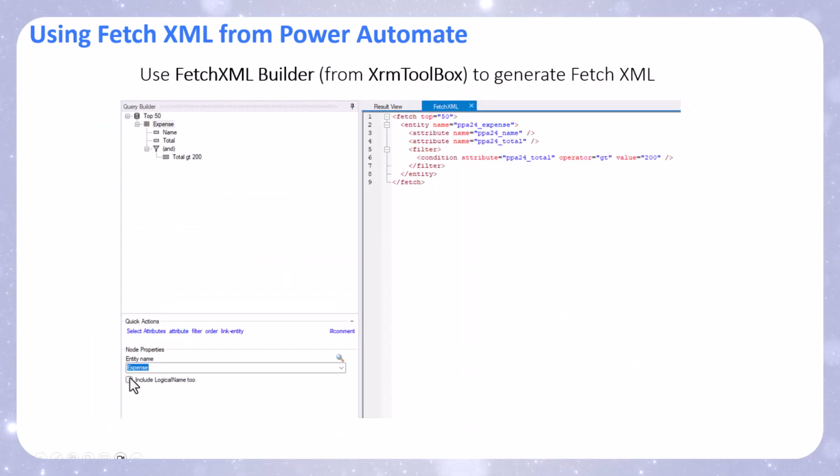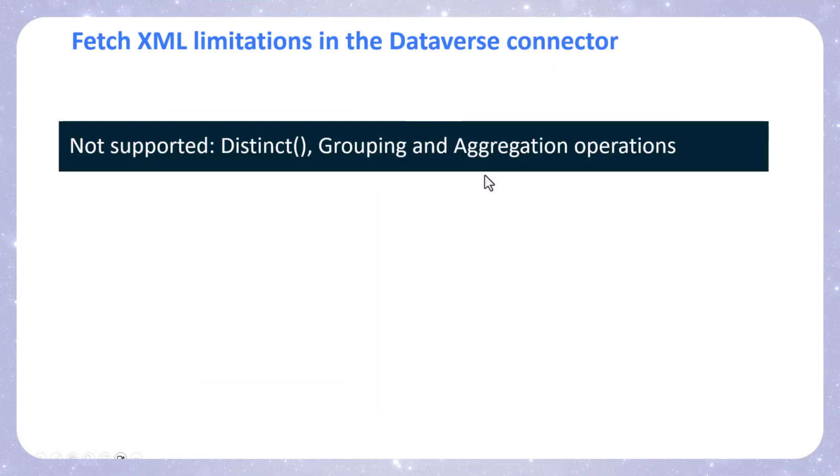To generate the FetchXML, most people use a free, open source tool created by the community called FetchXML Builder, which can be part of a big container that we call XrmToolBox. You use this tool to visually generate your query, and you copy and paste that in your Power Automate.